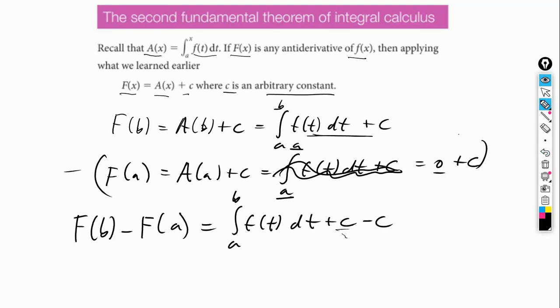But this cancels out, so notice that we have the second fundamental theorem of integral calculus, which is saying that the solution to an integral that is bound, that has a bound a and b, is going to simply be the antiderivative of f of x, and then we plug in b into the antiderivative and subtract the antiderivative when we plug in a. And we're going to see this in some examples.